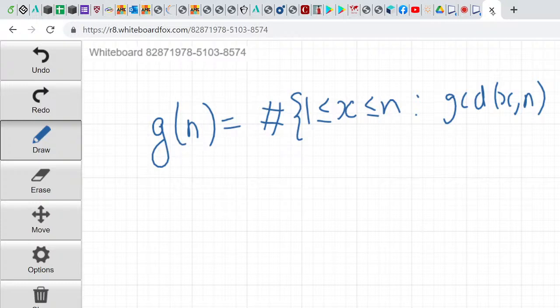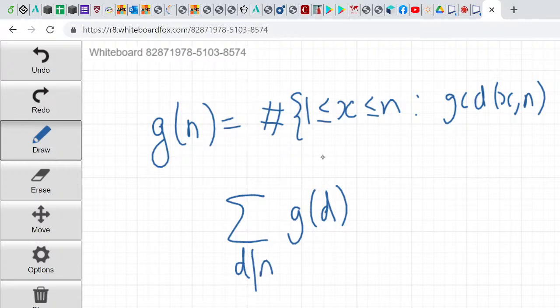Okay. And then you want to show that the sum of g of d, where d divides n, plus phi of n is always greater than or equal to n.